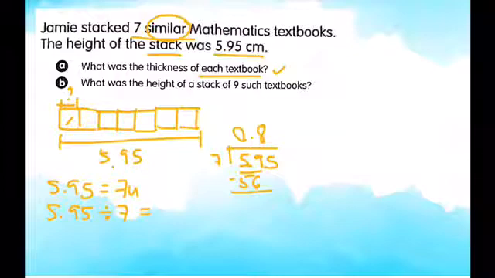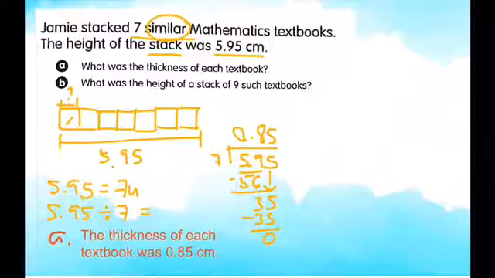Continue solving, getting a remainder of 3. Bring down 5. How many 7s are there in 35? We have 5. Multiply 5 and 7. You're left with 35. And then a 0. So the answer is the thickness of each textbook was 0.85 centimeters.